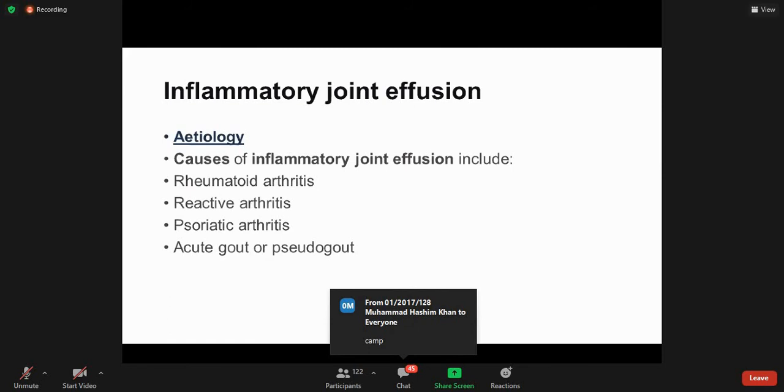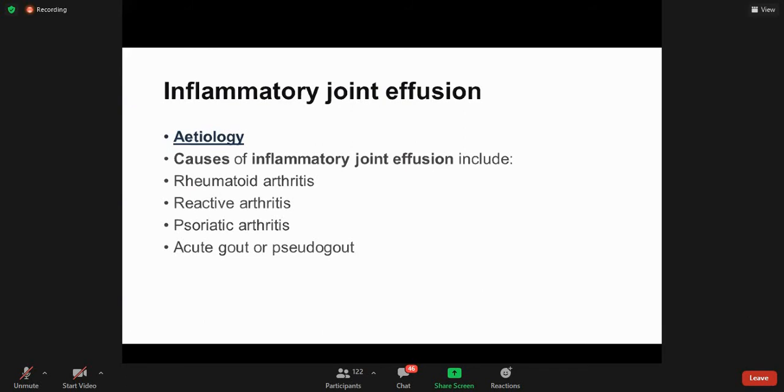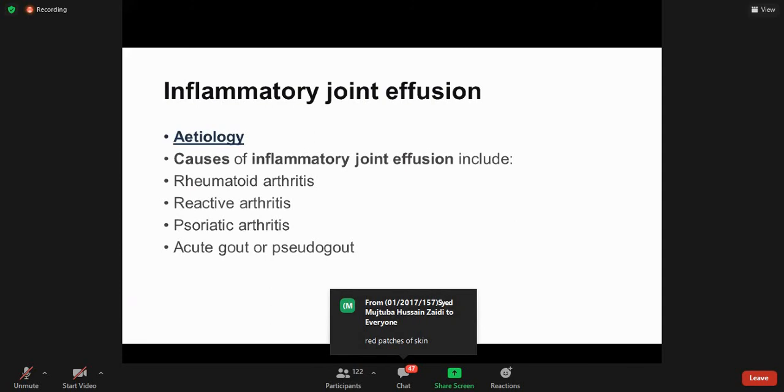Anyways, then the third is psoriatic arthritis. What is psoriasis? Red patches.